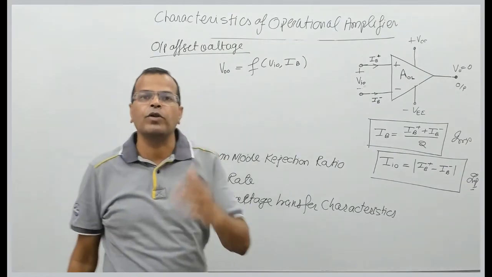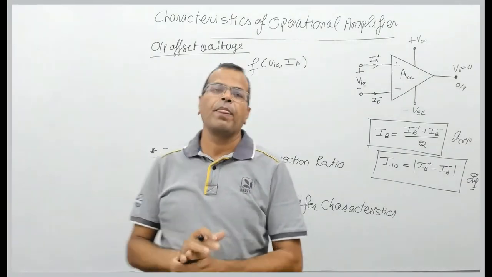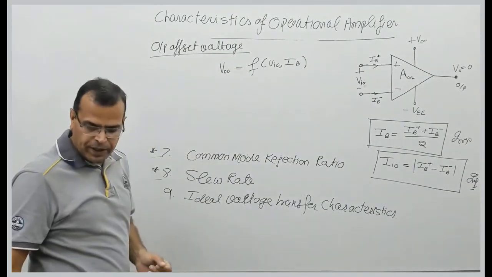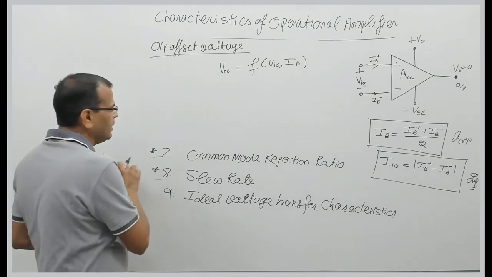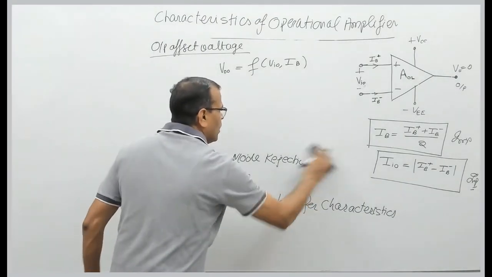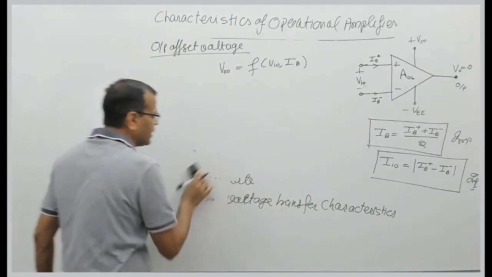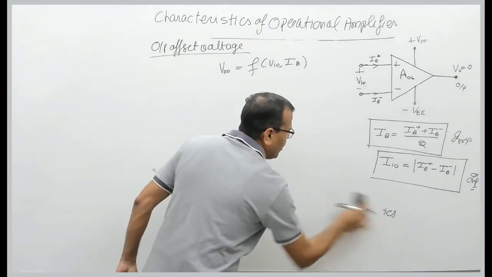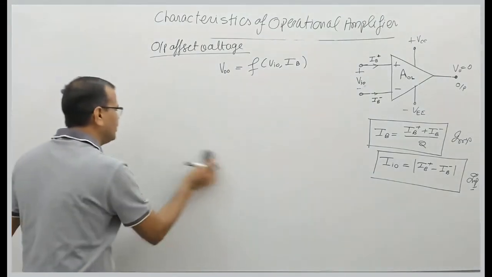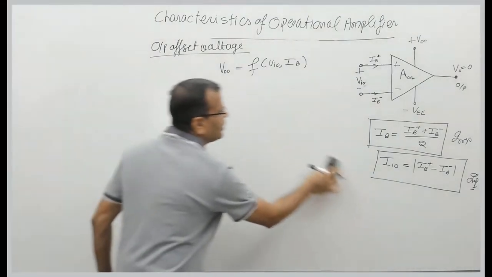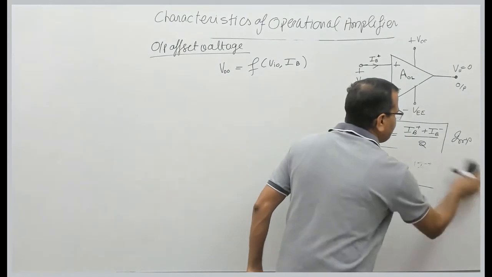First we will talk about input bias current. We will be discussing two different circuits of op-amp, and then we will find the expression of output offset voltage of the operational amplifier.